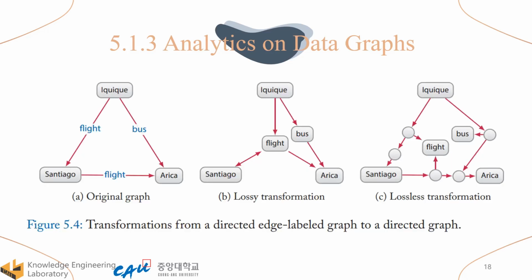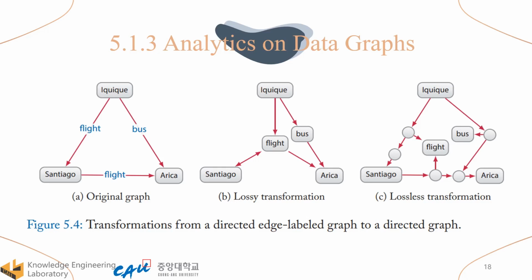Figure 5.4 provides an example of lossy and lossless transformation from a directed edge-labeled graph to a directed graph. In the lossy transformation B, we cannot tell if the original graph contained the edge EQQ flight Santiago, or rather the edge EQQ flight Arica, or both.